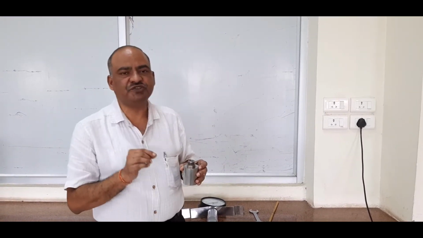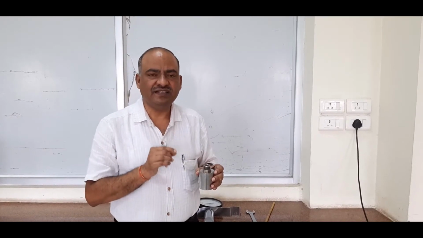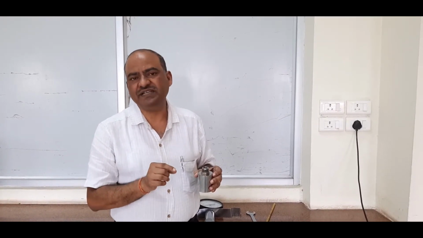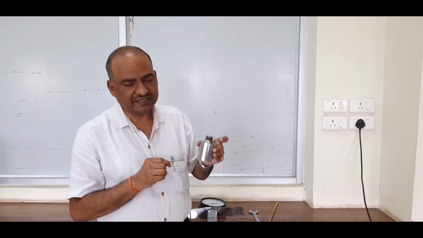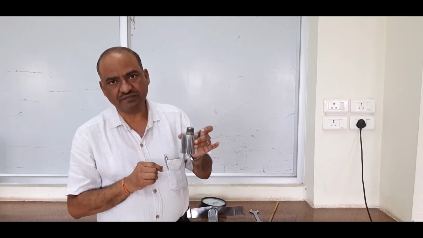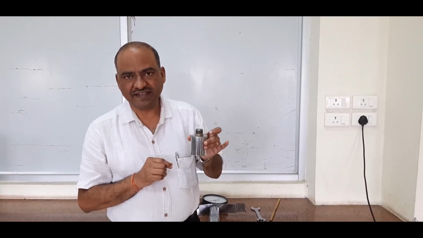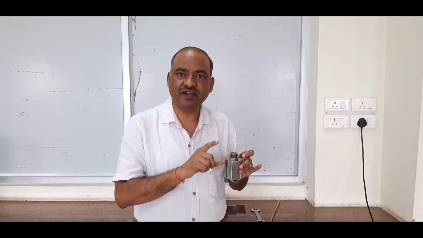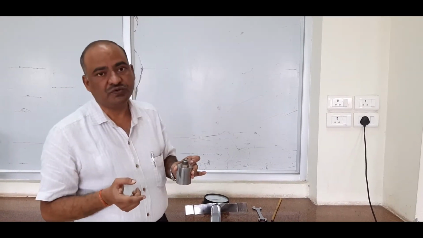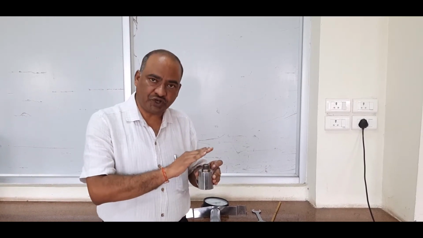Its temperature should be around 4 degrees Celsius. That's why the sample is kept in either a refrigerator or cooling bath. And this container should also have a temperature around 3 or 4 degrees Celsius, so it should also be kept in a refrigerator or cooling bath. So first you fill the sample in this sample chamber up to the top.